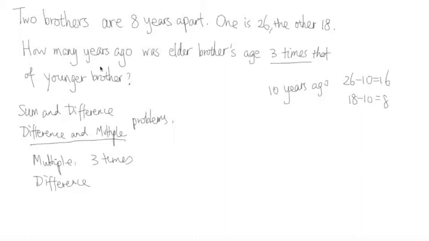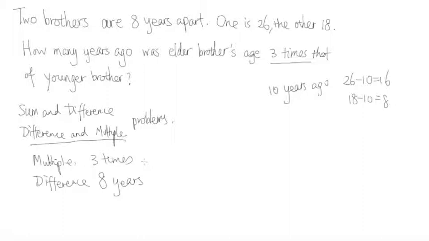So the difference we need is, many years ago, what's the difference between the age of the older brother and the younger brother? And of course, even though they each grow older as years come by, the age difference does not change. Currently, they are 8 years apart. But many years ago, they are still 8 years apart. So the difference is still 8 years.